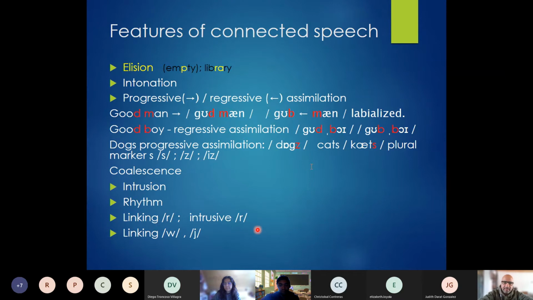Particularly in American English, right? Horses, horses. I would say is more a plural marker you can find in British English and other varieties that are close to British dialects.